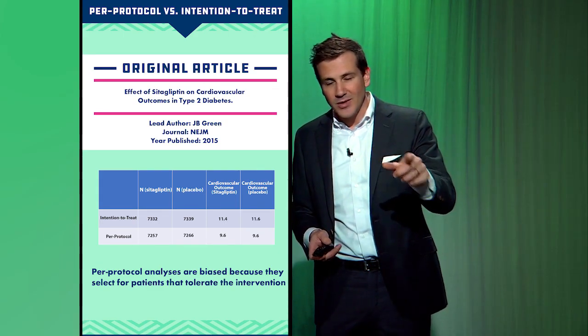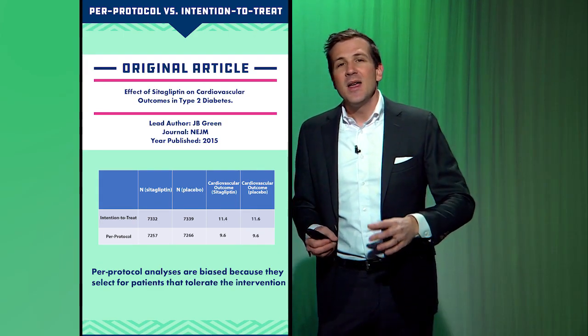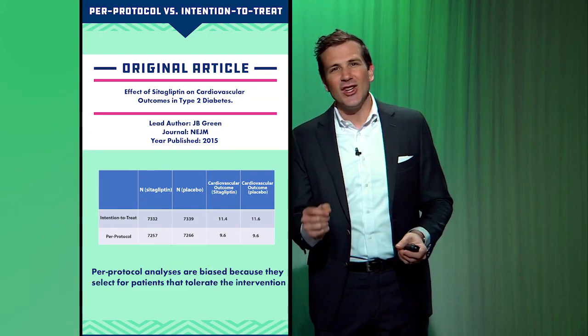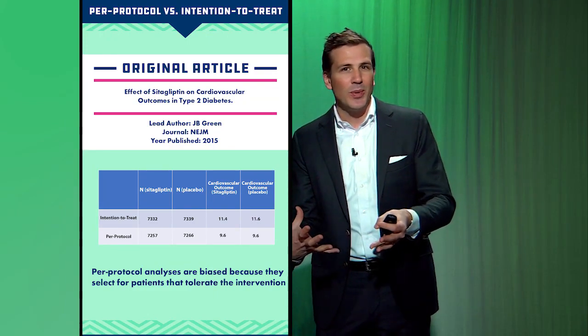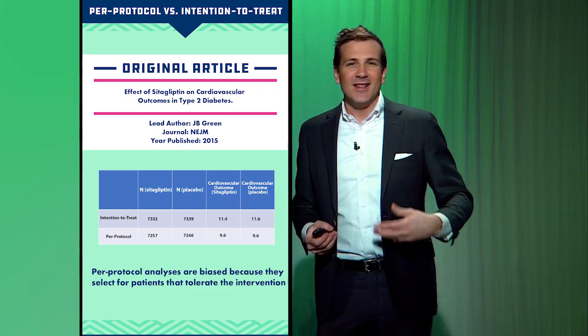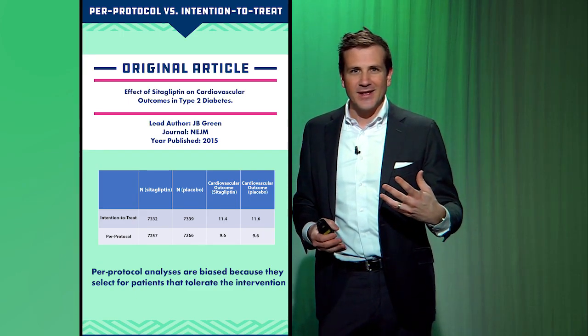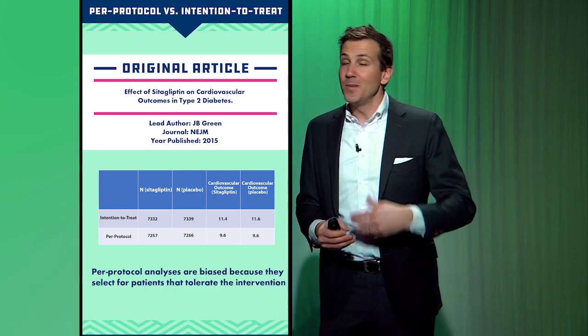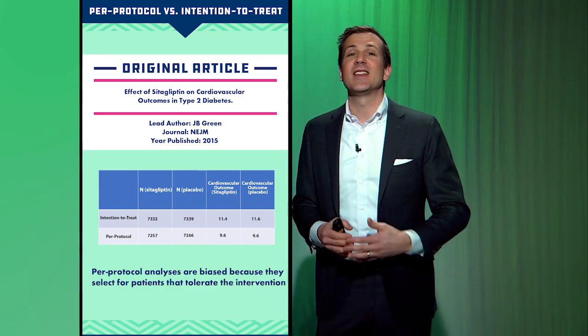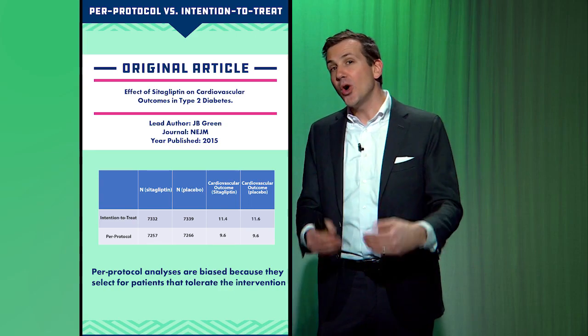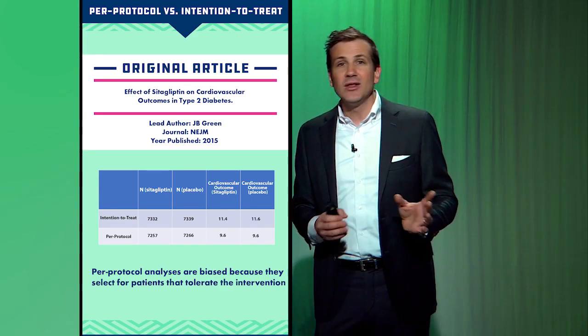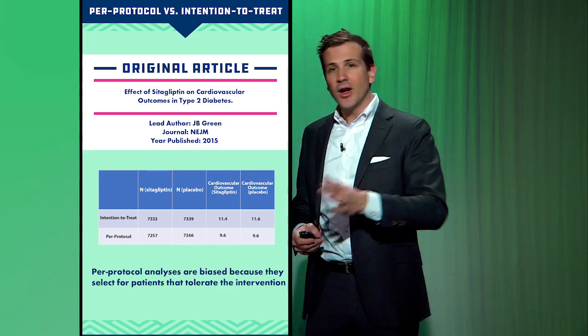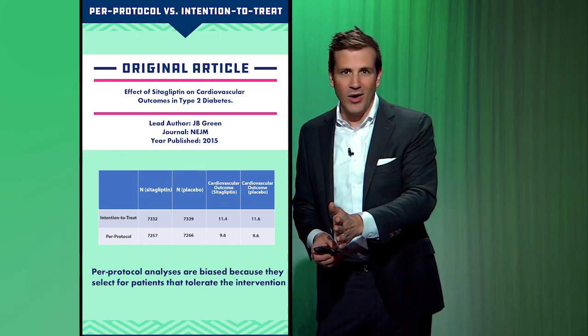Be careful. You're introducing selection bias because in this case, your medication is selecting for the group that can handle it, right? You're selecting for the people that aren't going to have as many side effects, that are going to do okay. That's a form of selection bias. It's going to bias your results. A per protocol analysis only looks at the people who are taking the drug for the entire duration of the protocol.